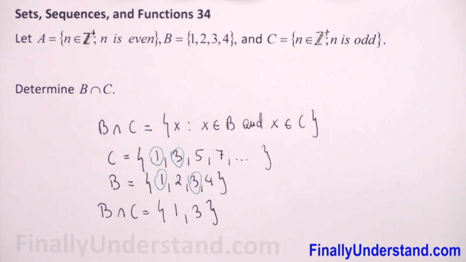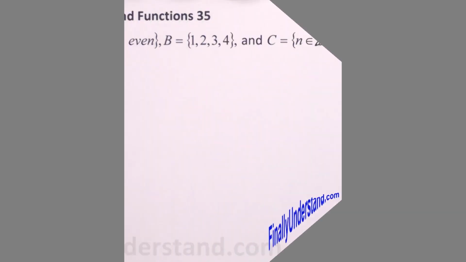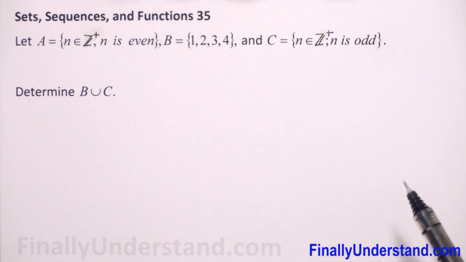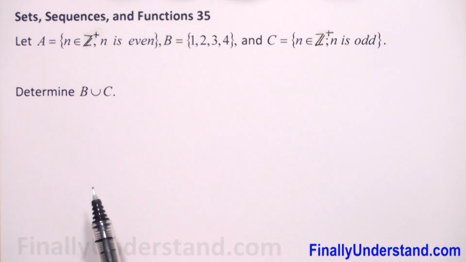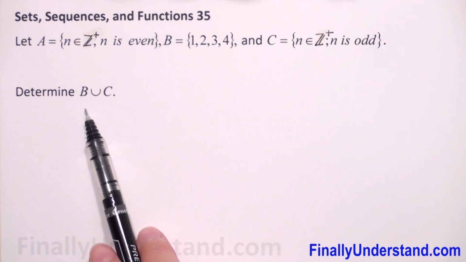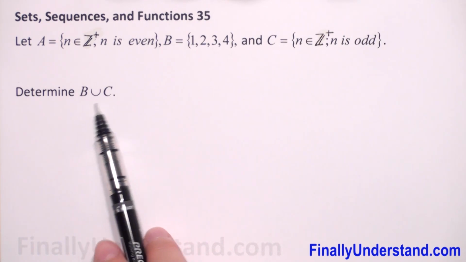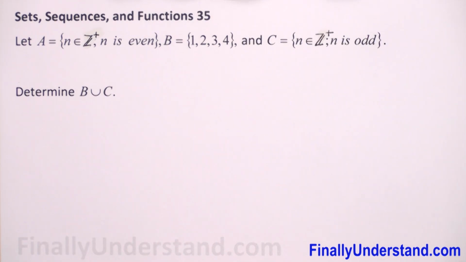This is my solution. We have given sets A, B, C, and we have to determine the union of sets B and C. First, let me remind you the definition of union of sets, of two sets.